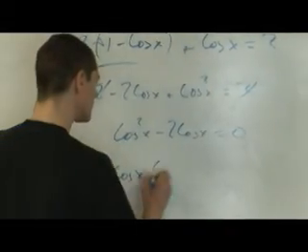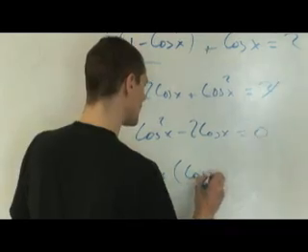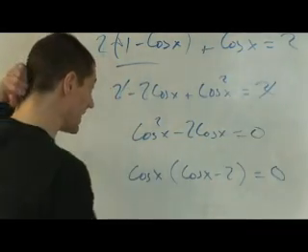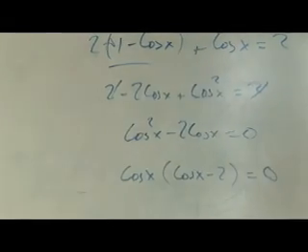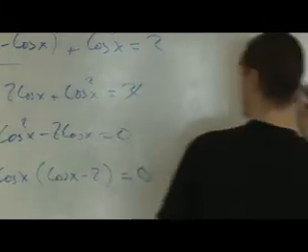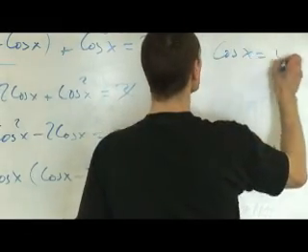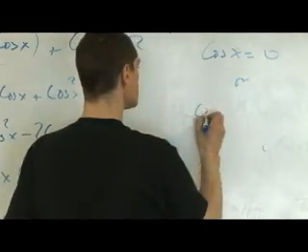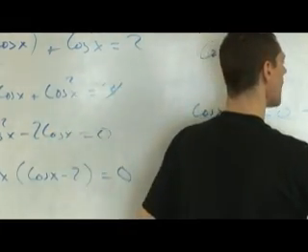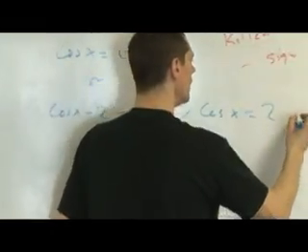So I have cosine x times cosine x minus 2 is equal to 0. So this means that cosine x is equal to 0, or cosine x minus 2 is equal to 0, which implies that cosine x is equal to 2.